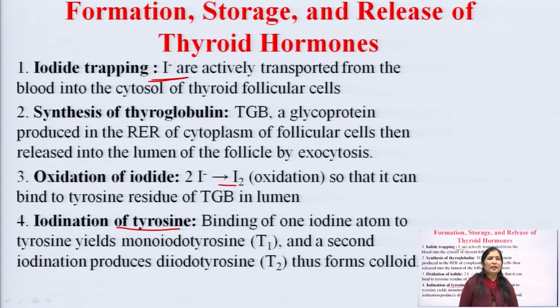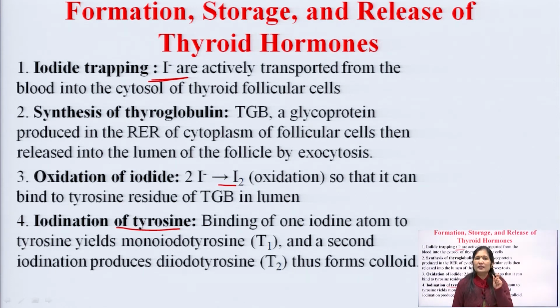So, binding of one iodine atom to tyrosine yields monoiodotyrosine, and second iodination produces diiodotyrosine, and thus they form a sticky material in the lumen, which is known as colloid. So, in colloid, iodine plus TGB are present together.